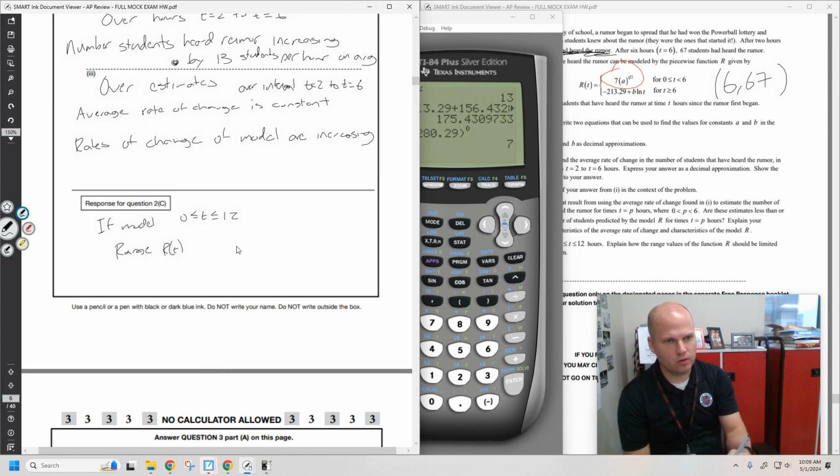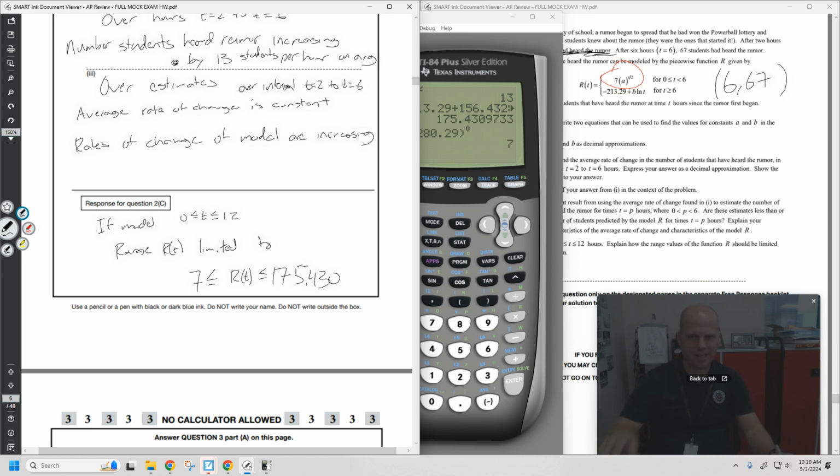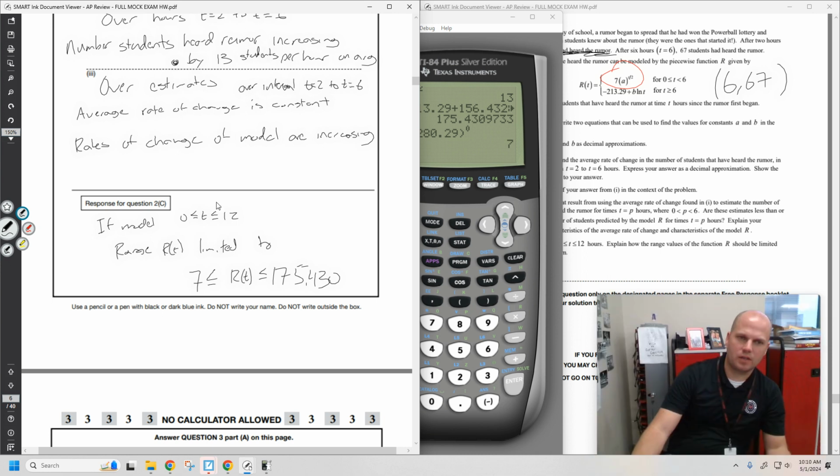So the range of R of t is limited to between 7 and 175.430 students. You could state it out like that. The range of R of t is limited to between 7 and 175.430 students.